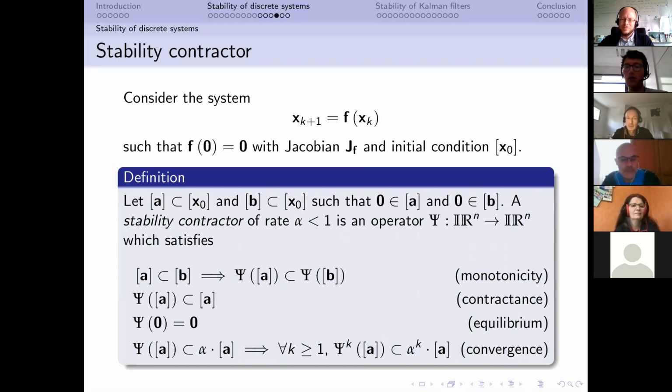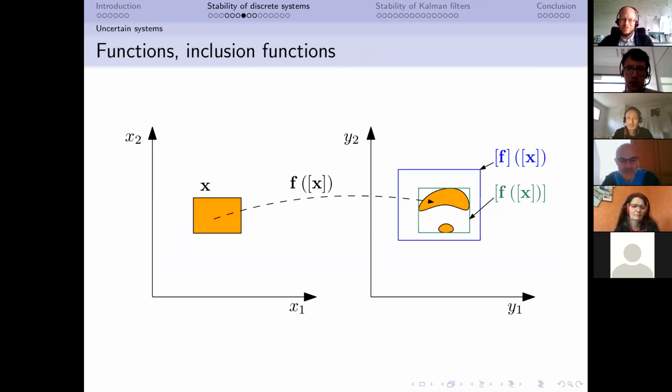And you don't want any inclusion function because, as we have seen, some inclusion functions insert a lot of wrapping effect in the computations. What you want is the minimal inclusion function. That's why we use the centered form as an inclusion function for the system, and then as a stability contractor. Because first off, it encloses the state of our system, but second off, it encloses it very sharply, especially if the initial box, the initial state of the system, is small enough.